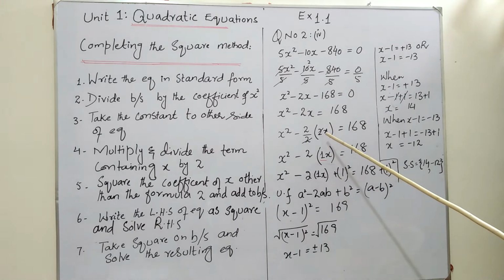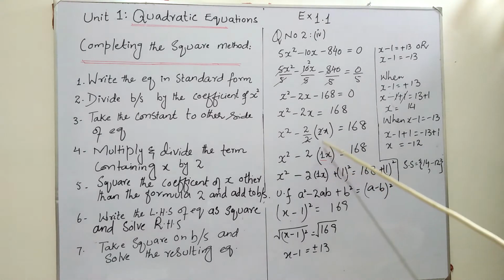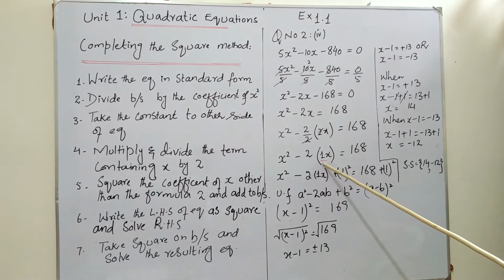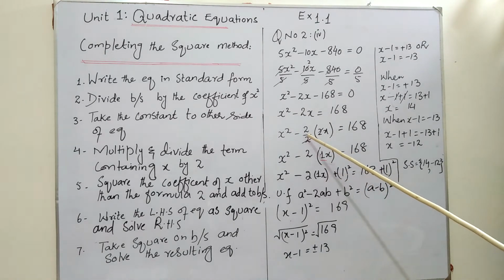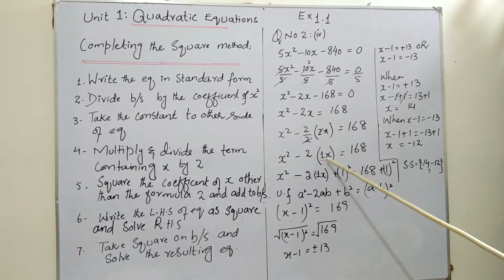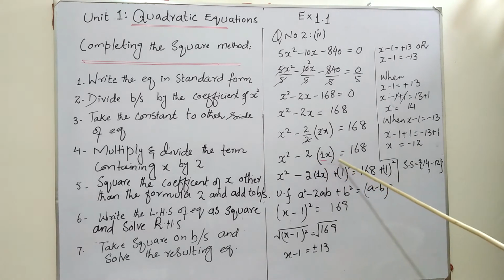But in some cases, when there are certain numbers such as 3, 5, 7 which are not divisible by 2, then we will have a fraction instead of this 1. For example, if we have 3 over here, we will get 3 by 2. So we will keep this 2 aside and we will solve this 2 with the term containing 2x. In our case, we get 1x. So now x square minus 2 into 1x is equal to 168.